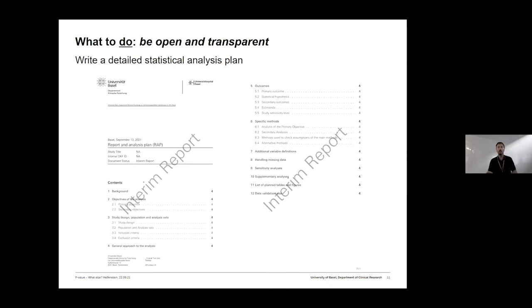Whenever you come to us for help in analyzing your data, the first thing we do is to plan a statistical analysis, defining your outcome, your study population, the data sets, dealing with anything that might make the interpretation a bit more difficult, like dropouts, missing values and everything. How do we deal with all this? How will they impact your interpretation and your results? And we deal with all this before we actually do the analysis and before we actually have the data.